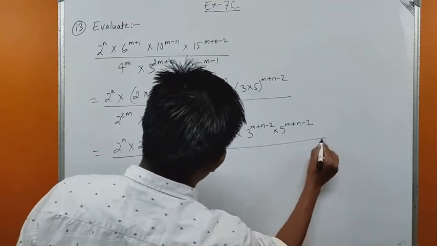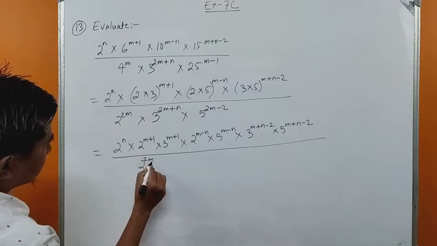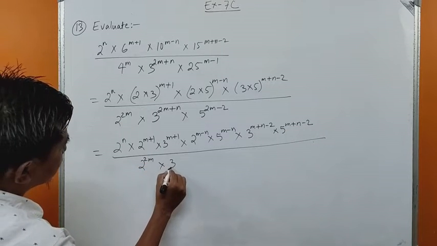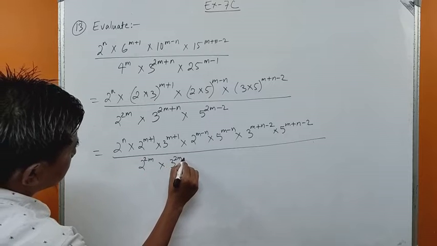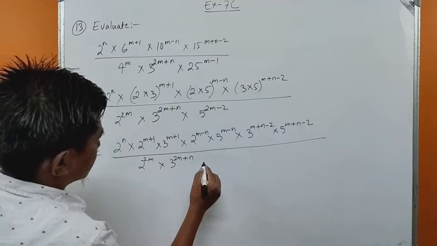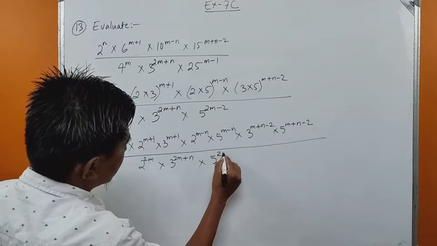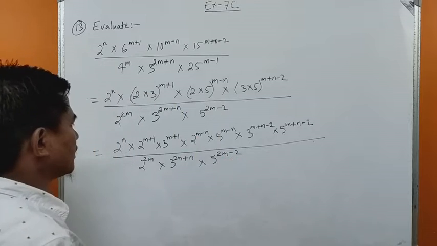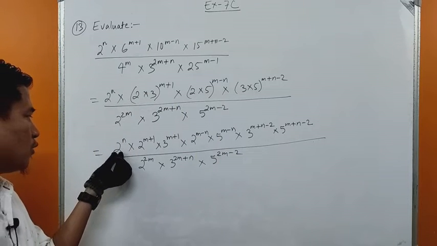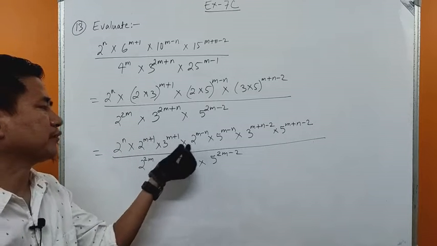Whole upon, we have 2 to the power 2m into 3 to the power 2m plus n into 5 to the power 2m minus 2. Now we add up the powers of the numbers having the same base.